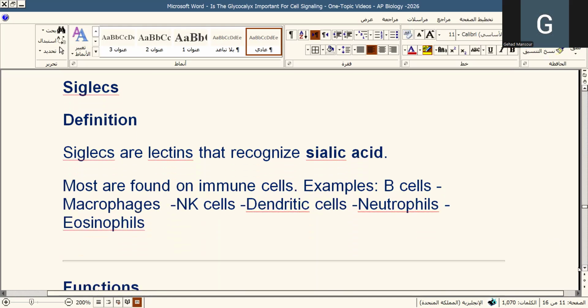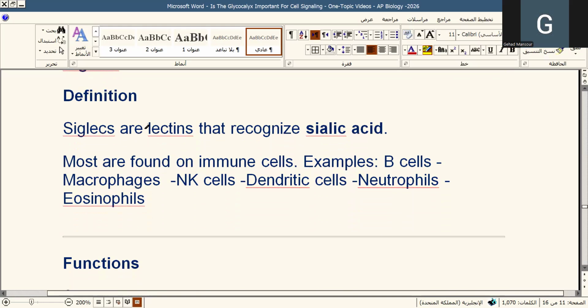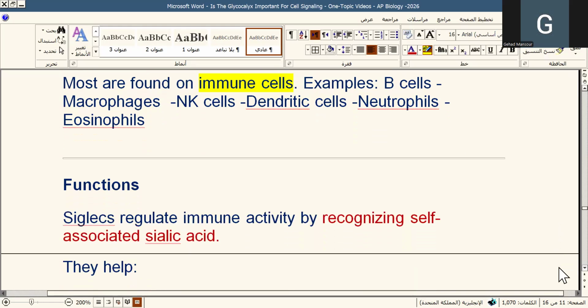More details about the siglecs. The siglecs are, again, lectins that recognize sialic acid on the surface of certain cells. Most siglecs are present on immune cells, and this is important because when they recognize the normal sialic acid present on normal healthy cells, they know that they shouldn't attack these cells, in order to prevent autoimmunity.